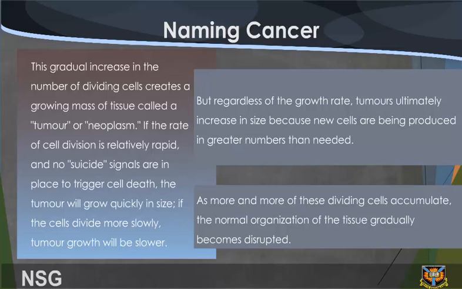If the cells divide more slowly, tumor growth will be slower. But regardless of the growth rate, tumors ultimately increase in size because new cells have been produced in greater numbers than needed. As more and more of these dividing cells accumulate, the normal organization of the tissue gradually becomes disrupted.